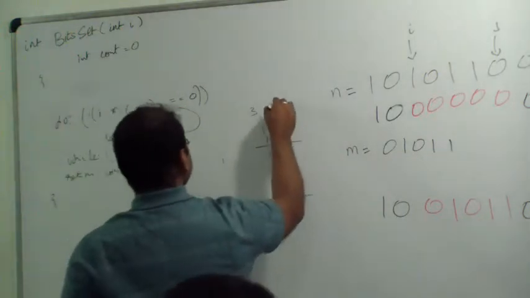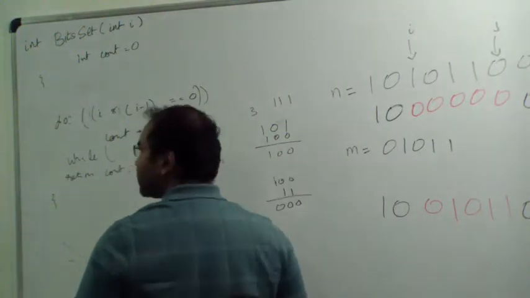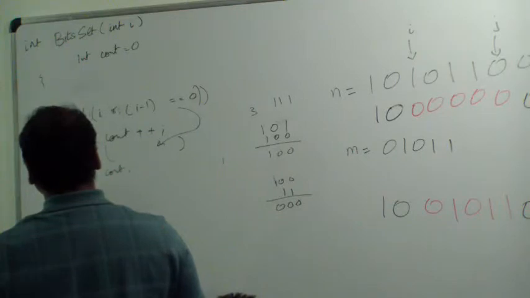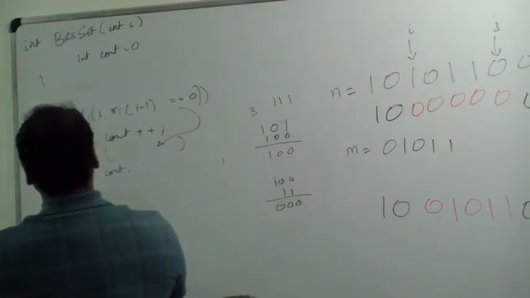First time you will go inside no matter what, and you'll increment the count. So count becomes 1, and then 111 will become 110. At that time it will break out of the loop.